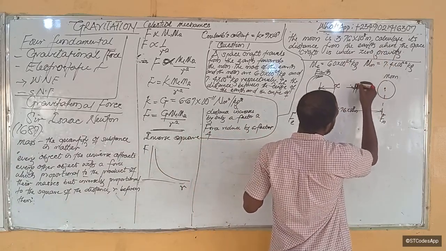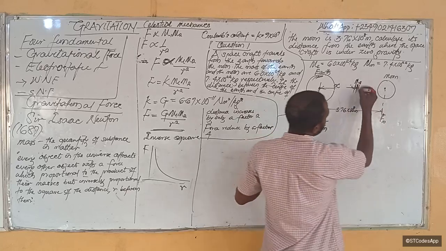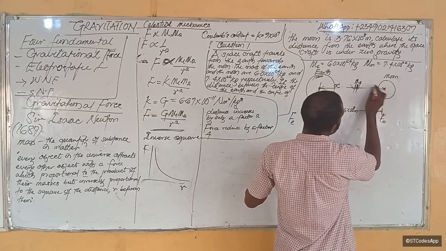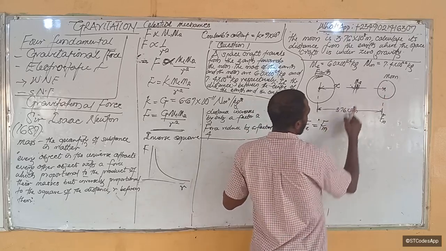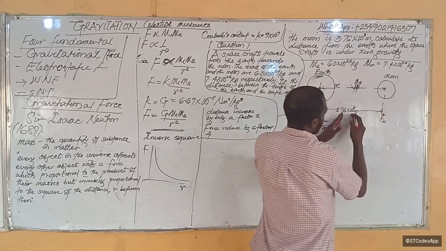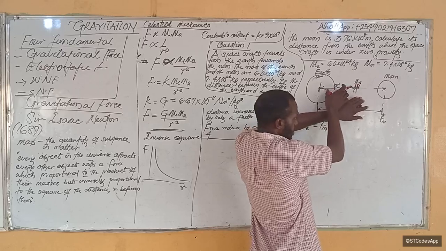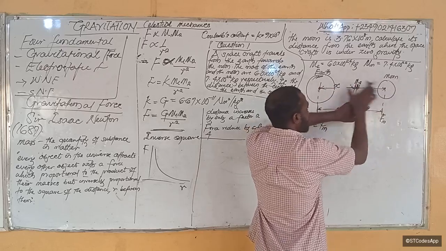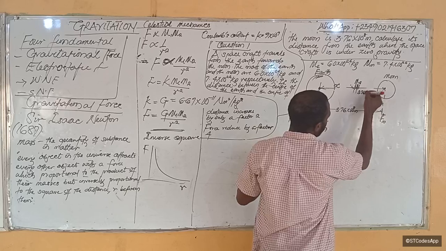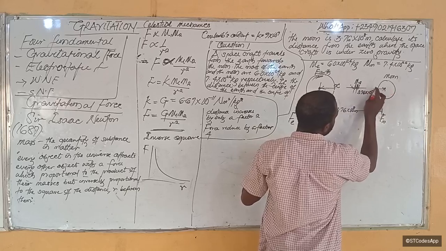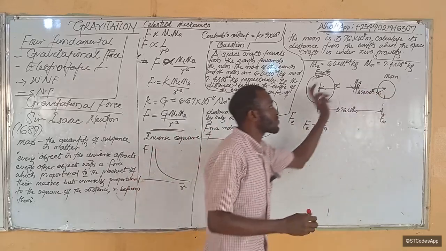From the spacecraft, with ms for the mass of the spacecraft, the remaining distance we'll call y. Since the total is given, y will be the total minus x. If the entire distance is 10, for example, and this place is x, then the other place must be 10 minus x. So here it will be 3.76 times 10 to the power 8 minus x. That will be the distance from the moon.